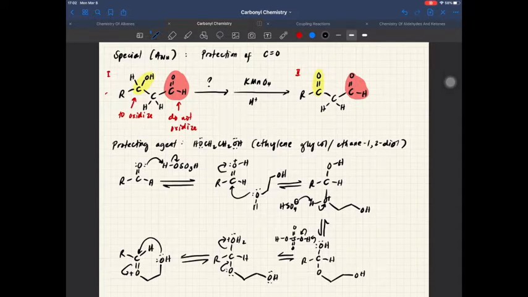The first step in this protection of the carbonyl group is the activation of the carbonyl group, and that is Bronsted acid activation for that matter. This Bronsted acid activation will convert the partially positive carbon to a fully positive carbon. Now it becomes a strong electrophile, and due to being a strong electrophile, a weak nucleophile can now react with it.